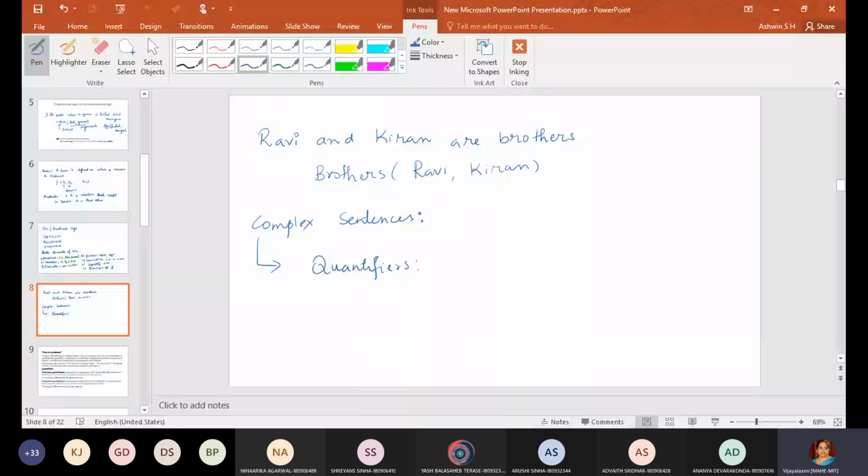So what is a quantifier? Let me write here the basic definition of quantifier. It is a language element which generates quantification.